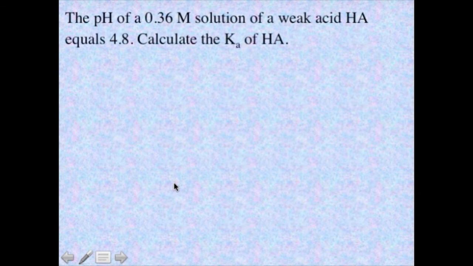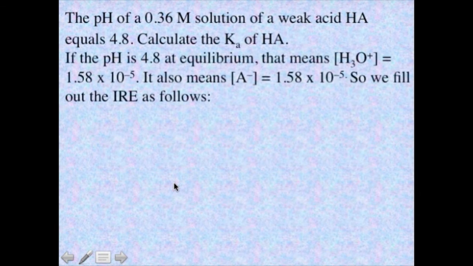So here's our problem, and the reasoning goes like this. If the pH is 4.8 at equilibrium, that means, taking the negative antilog of 4.8, that the hydronium ion concentration is 1.58 times 10 to the minus 5. And it also means that the conjugate base A minus is also 1.58 times 10 to the minus 5.